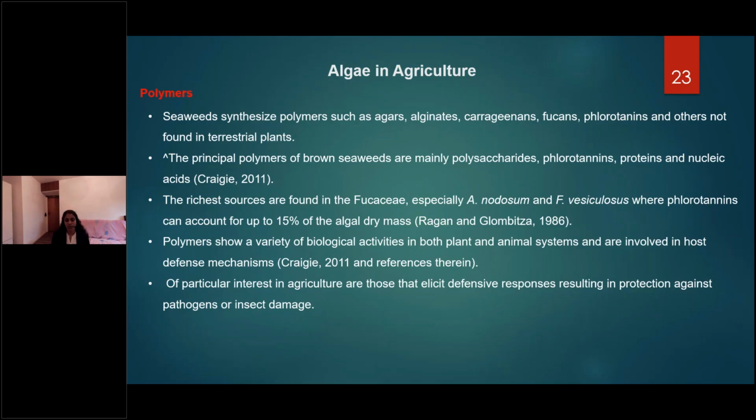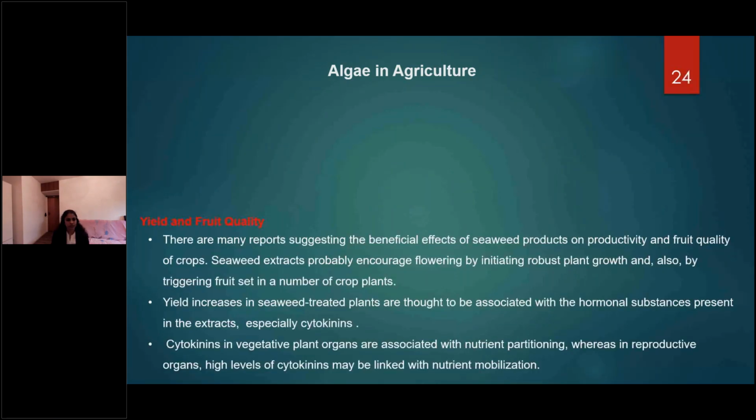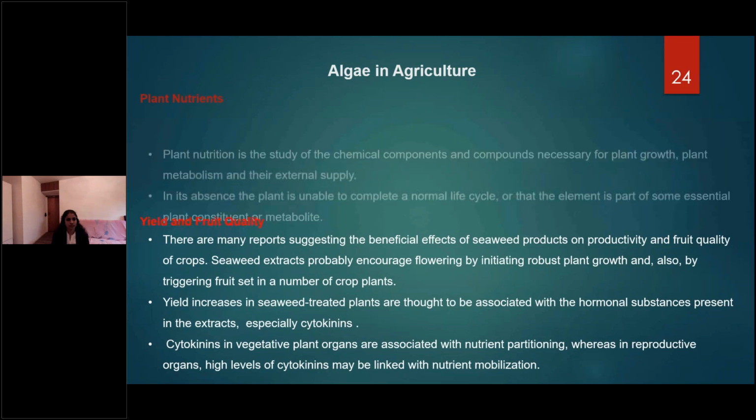That means these seaweeds are the richest source of these polymers. And these polymers definitely show a variety of biological activities in both plant and animal systems and are involved in the host defense mechanism.